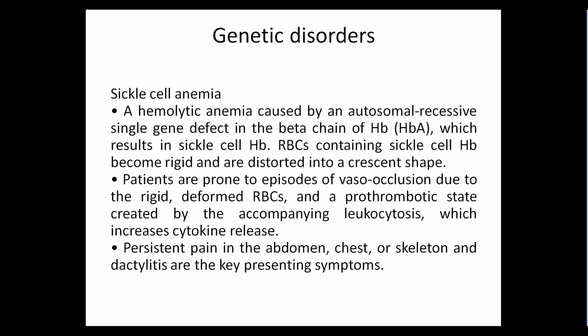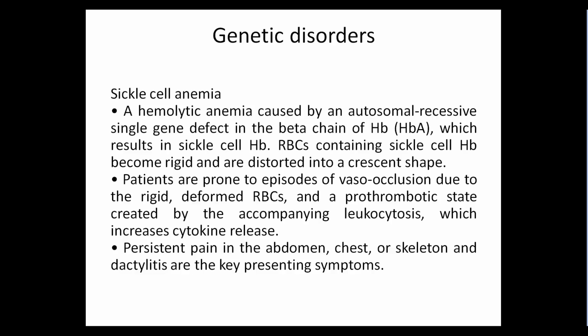Sickle cell anemia, a hemolytic anemia caused by an autosomal recessive single gene defect in the beta chain of hemoglobin, which results in sickle cell hemoglobin. Red blood cells containing sickle cell hemoglobin become rigid and are destroyed into a crescent shape.